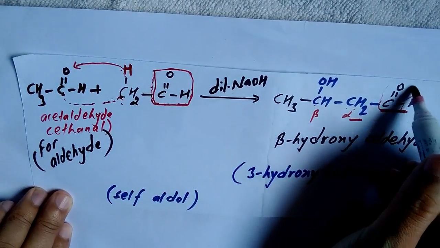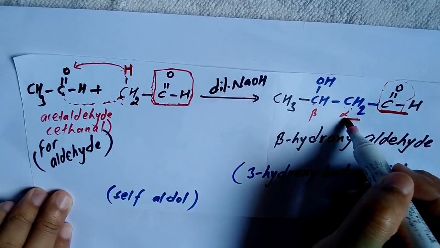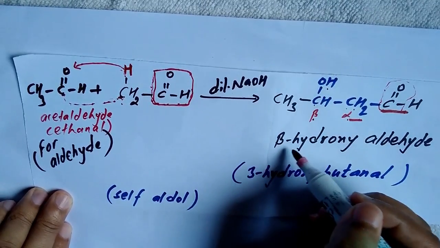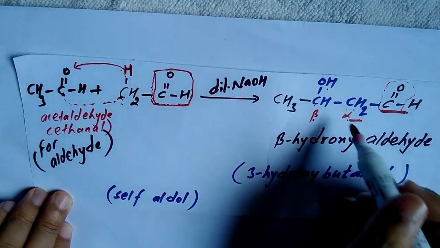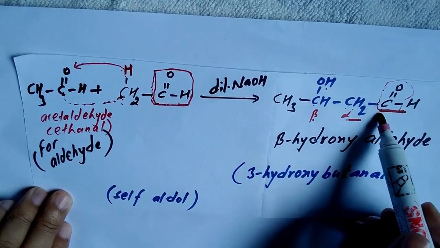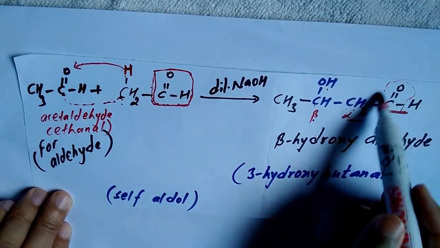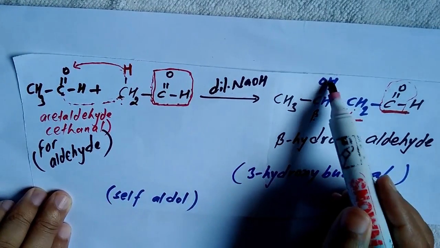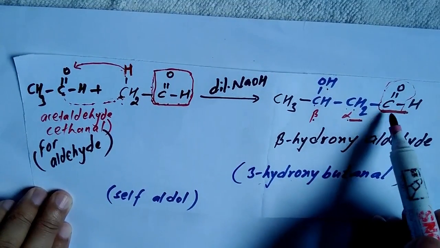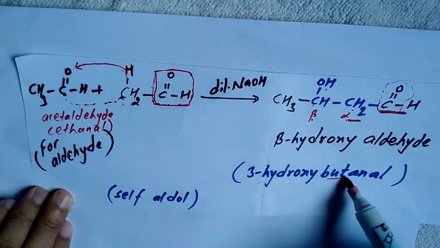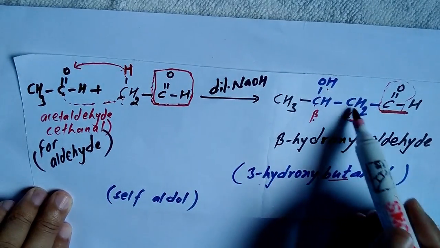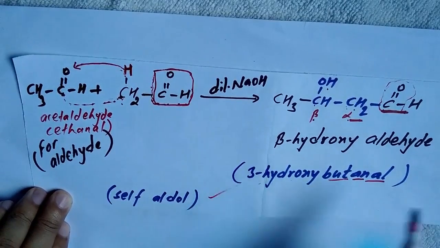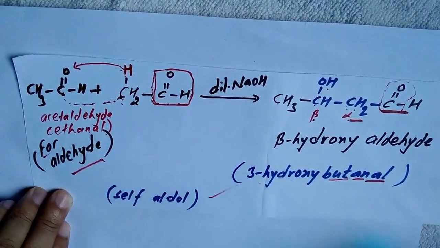This is the functional group, this carbon is the alpha carbon, and this carbon is the beta carbon. In the beta position there is a hydroxy group, so we can say beta hydroxy aldehyde. For the IUPAC name, the aldehyde has higher priority than alcohol, so numbering 1 2 3 4, 3 hydroxy; the carbon chain contains single bonds, so it is 3-hydroxybutanal. This is the self aldol condensation for aldehyde.